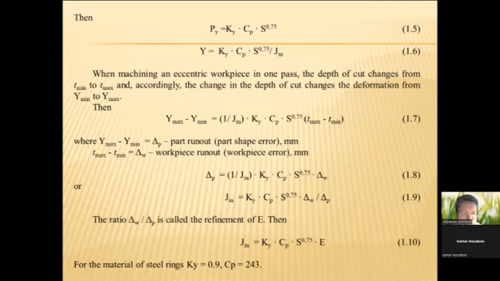In this formula, Y suffix maximum minus Y suffix minimum is equal delta P. It's delta of path run out, path shape error in millimeters. And T maximum minus T minimum is equal delta W, delta of workpiece.